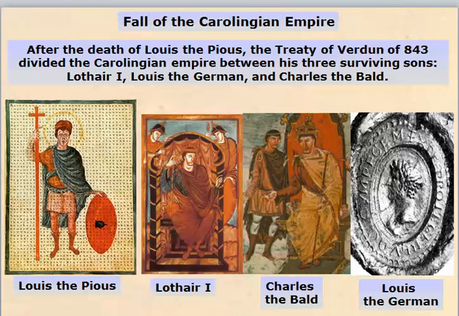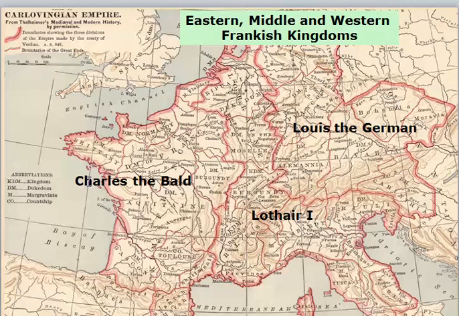The fall of the Carolingian Empire came after the death of Louis the Pious. The Treaty of Verdun in 843 divided the Carolingian Empire among his three surviving sons. Here are the three sons, and when an empire gets divided, that usually is the end of that empire, and one of those empires usually ends up surpassing all the others.